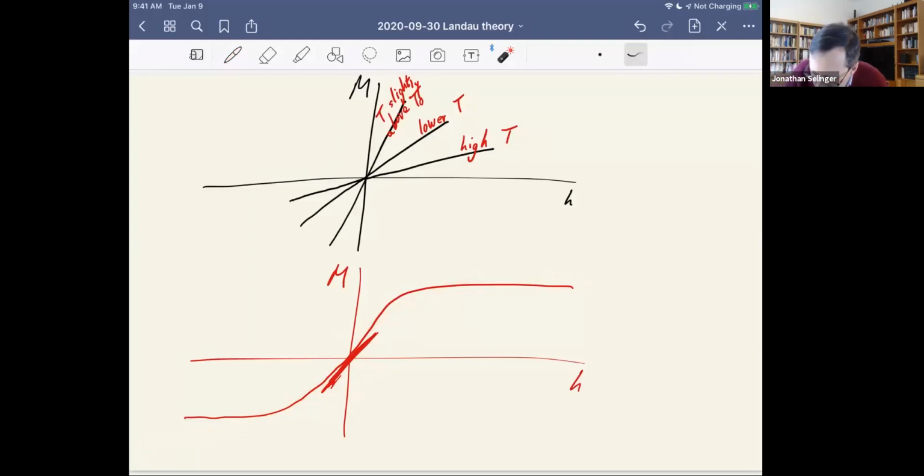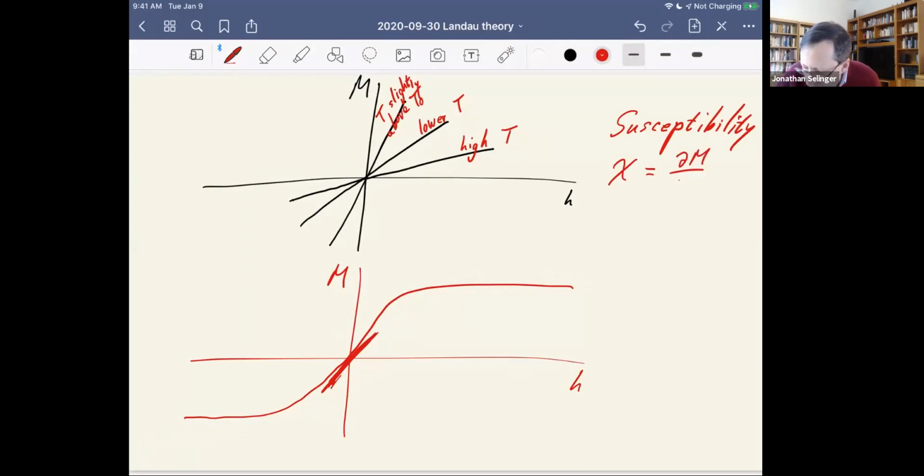And if we want to say what's the slope, that gets the name of the susceptibility. That is chi, is the derivative of M with respect to H at H equals 0. Right? So this tells us if we apply a little bit of a magnetic field, what's the slope, right? How much magnetic order do we get in response to a little magnetic field?